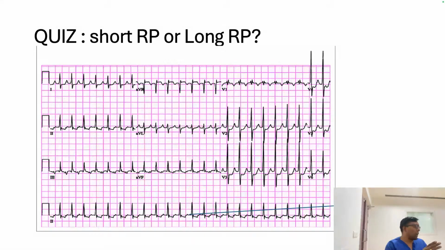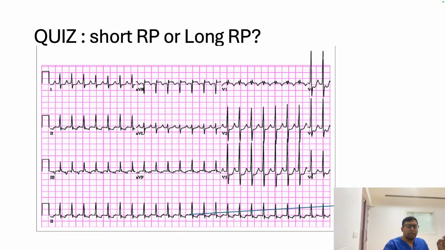Sometimes we use short RP, intermediate RP and long RP, but the word intermediate has not been used in the literature. Anything within half of the RR interval is short RP. Less than 70 is taken as very short and is diagnostic of AVNRT. If it is long, it can be atypical AVNRT, PJRT or atrial tachycardia.